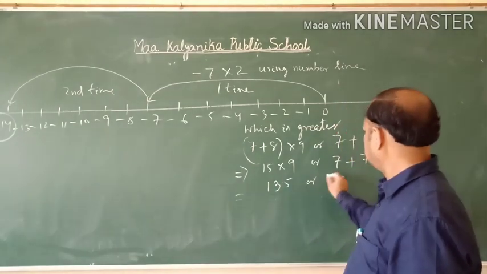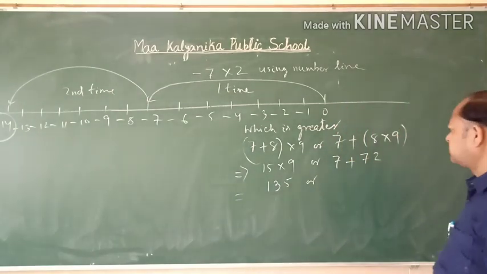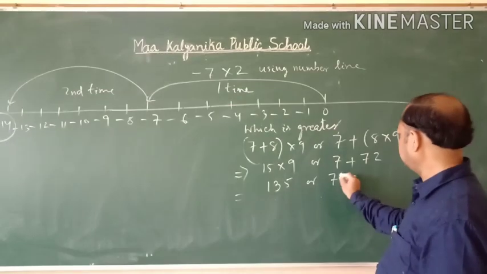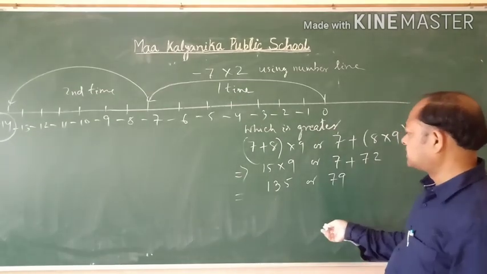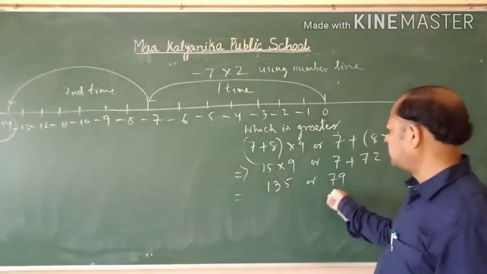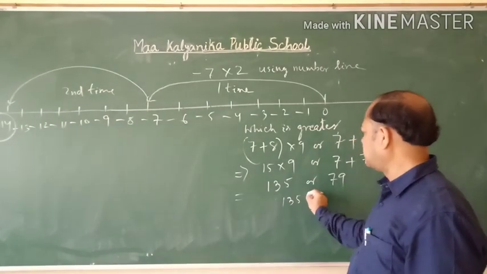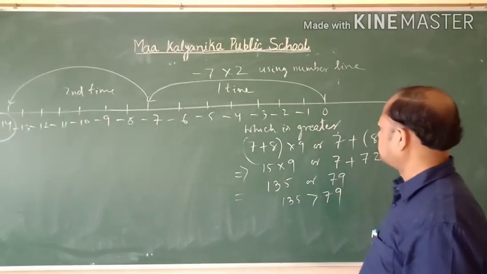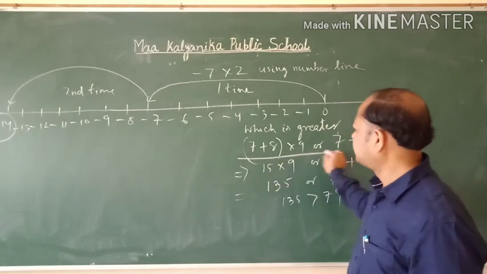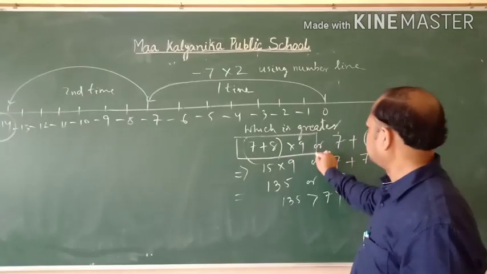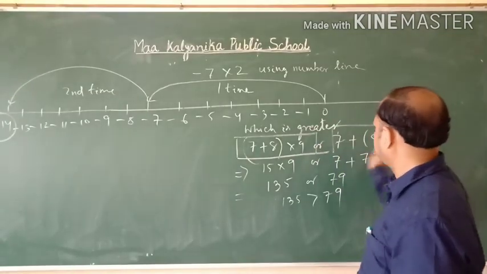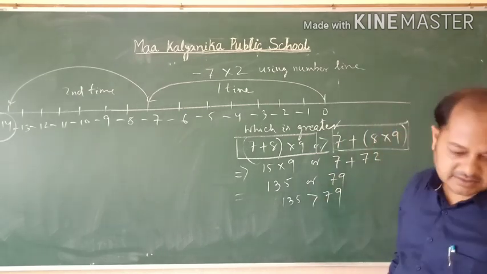Or 7 plus 72, how much? 79. So which is greater? Naturally 135 is greater than 79. So the first part is greater than the second part.